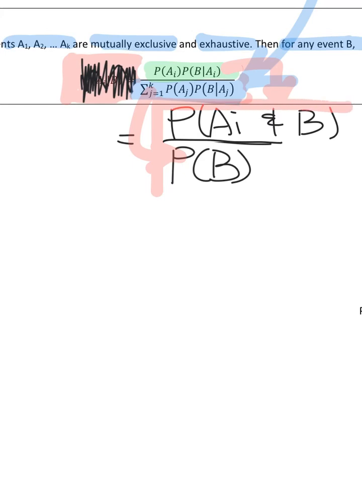Now, look at this. Have you ever seen this ratio, the probability of A and B over the probability of B? Where? Can you remember what the conditional probability rule was?